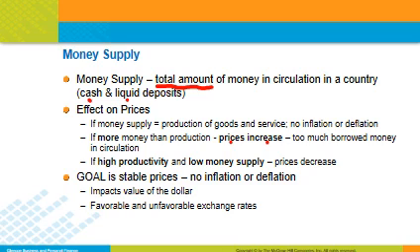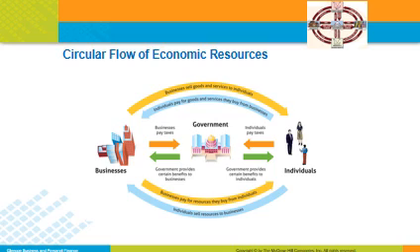If there's high productivity and low money supply, prices decrease. The goal of the Fed and the government is to stabilize prices, to have very little or no inflation or deflation. It impacts the value of a dollar, and we can set favorable and unfavorable exchange rates. This is pretty easy stuff, all right?